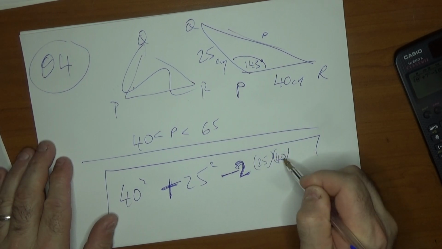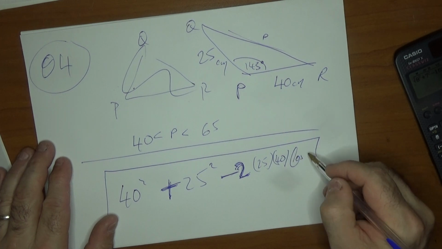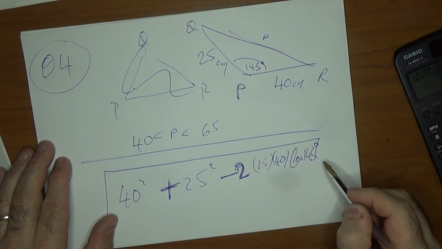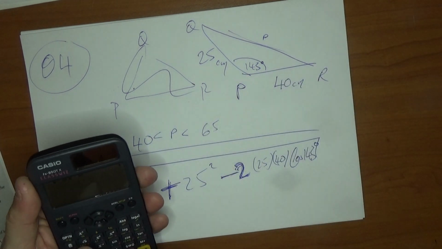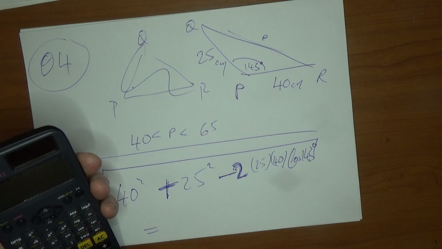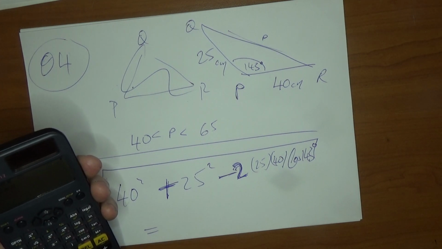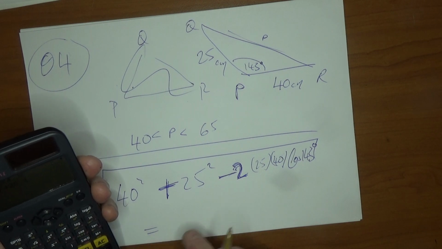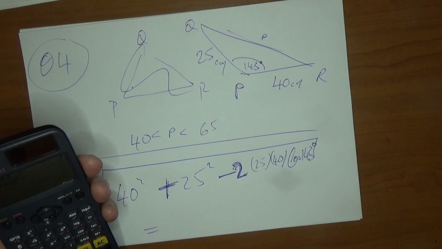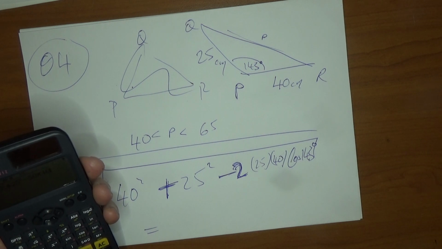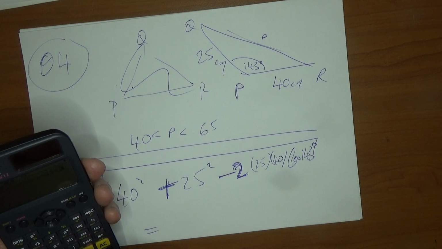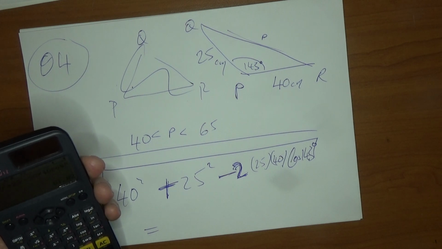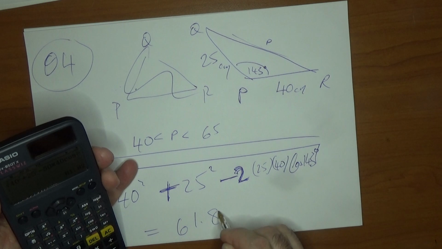25 by 40 by the cosine of the included angle. Okay. Square root of 40 squared plus 25 squared minus 50 by 40 by the cos of 143, close up that argument bracket, and we get 61.82.